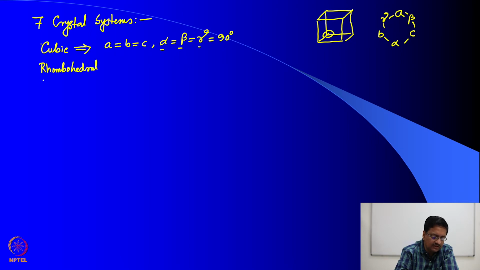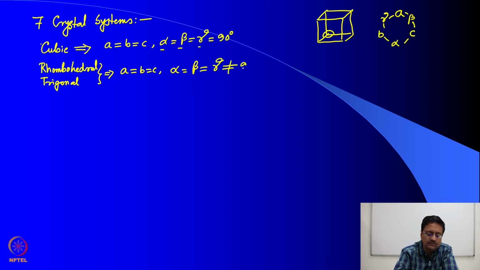It is also called trigonal. Here it is A equal to B equal to C, alpha is equal to beta is equal to gamma, but not equal to 90 degree. You may be wondering how this is possible.